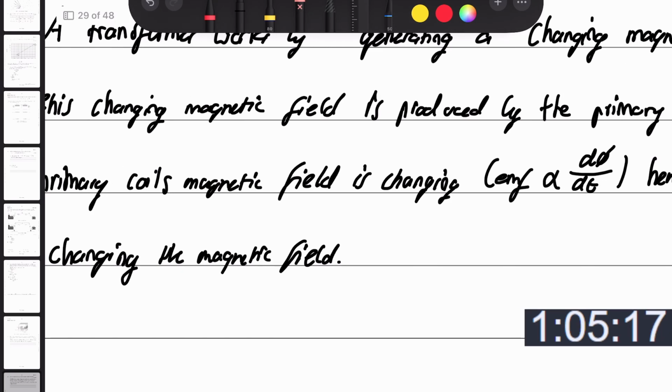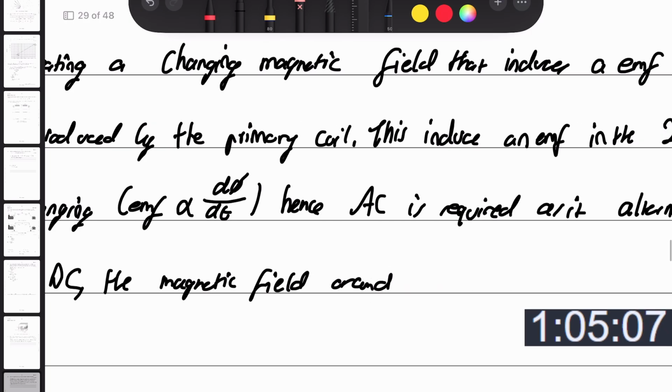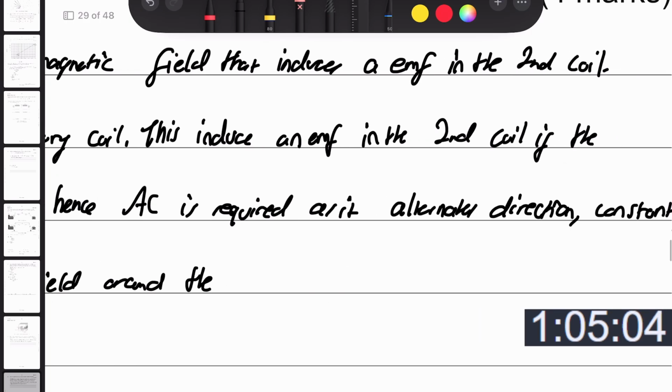And then with DC, the magnetic field around the wires of the coil is constant.